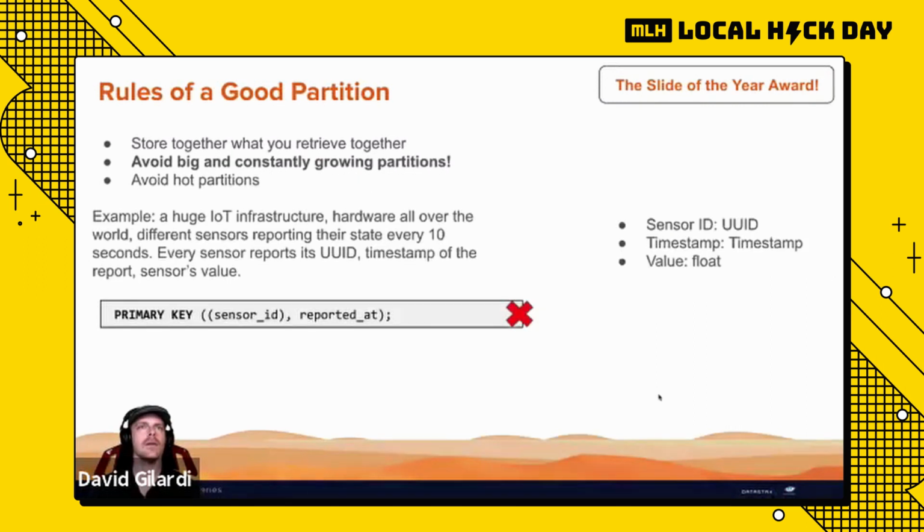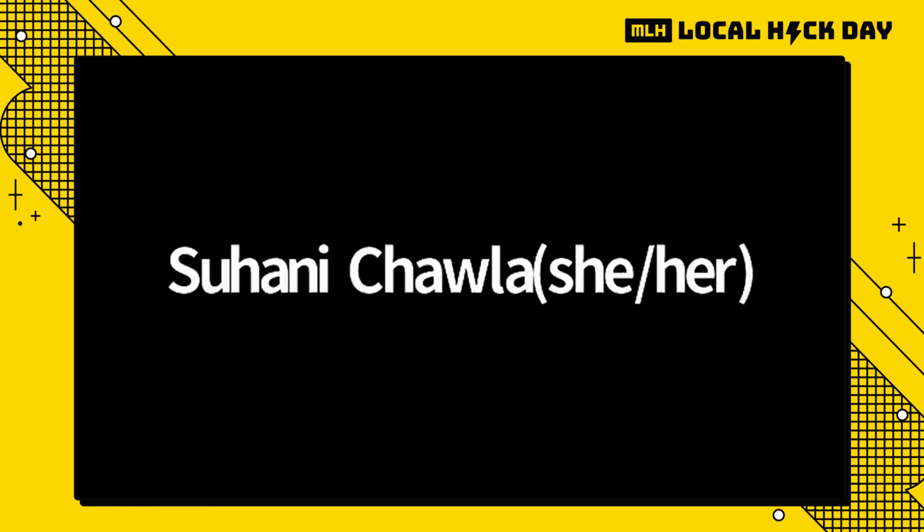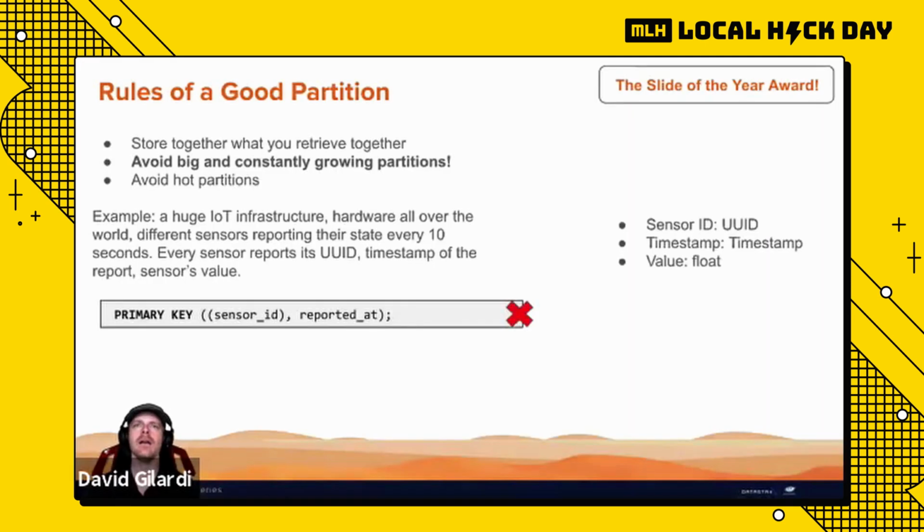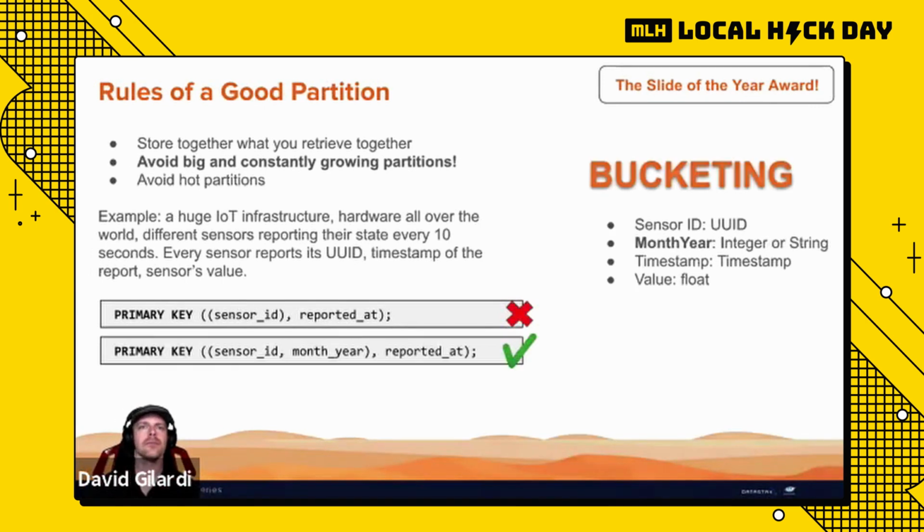Okay, going back to the example we were talking about before, from the big and constantly growing partitions, this is what I was referring to. From an IoT standpoint, if I have my sensor ID and I'm going to record some data on that sensor, say every 10 seconds, that itself is fine. But you don't want to do that indefinitely because that partition is just going to continue to grow and grow and grow. However, notice what we're doing here. This is actually called bucketing.